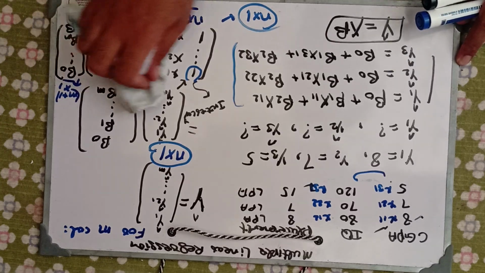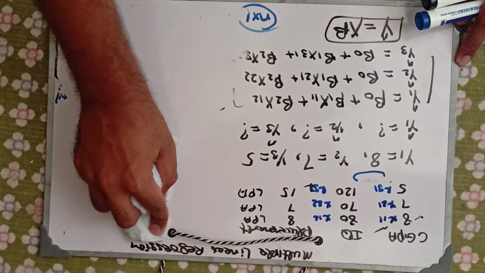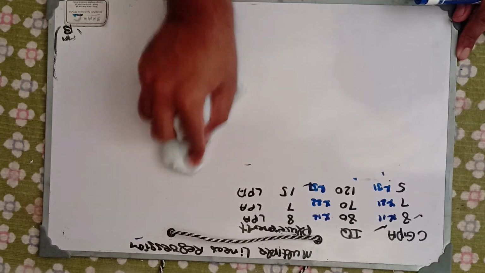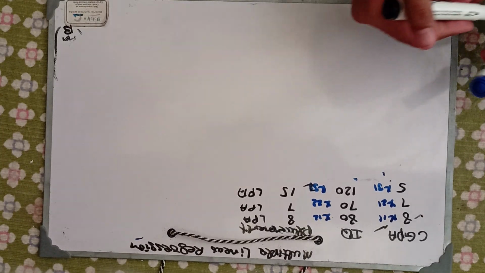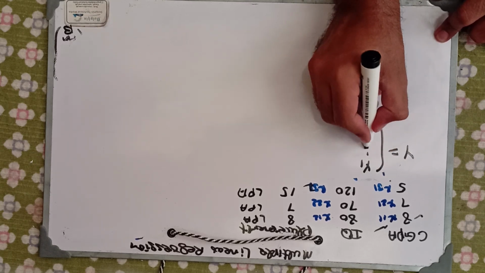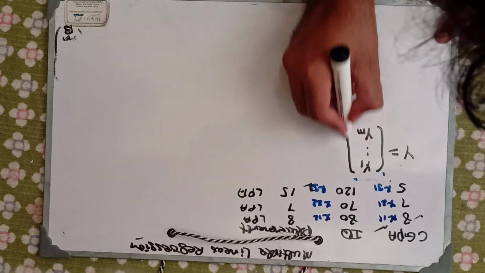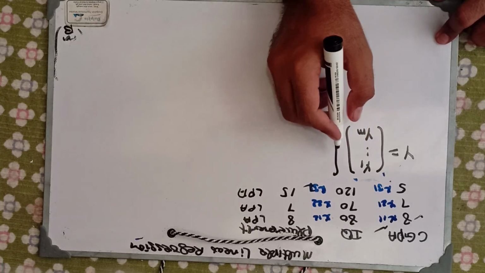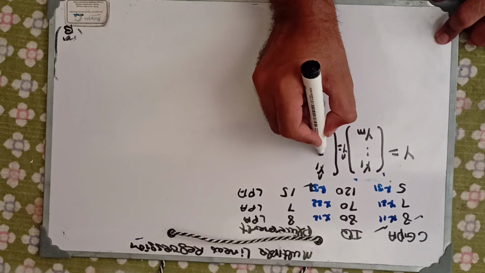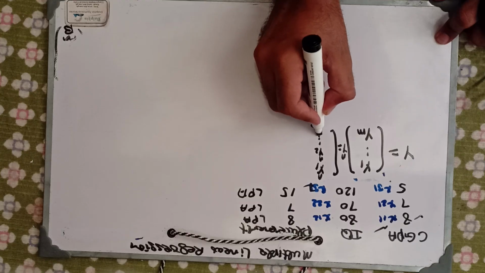So let me remove it. So if y equals the actual values y1 up to so on, up to y n, and then we have y hat equals y1 hat, y2 hat, and so on up to y n hat, right?